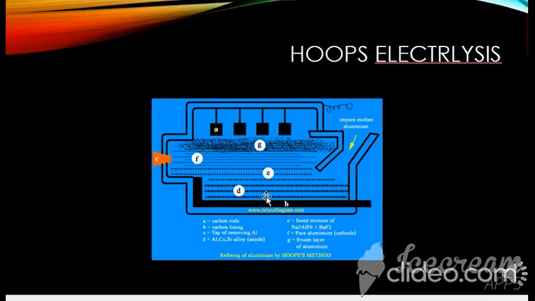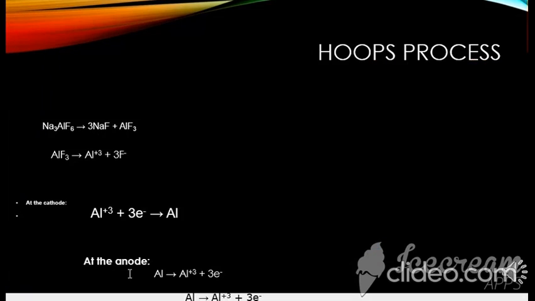At the anode, what happens? The aluminium that we got from Hall's process, 90% pure aluminium, lies at the lowest place. It undergoes oxidation, releases 3 electrons and becomes aluminium 3+ ions.